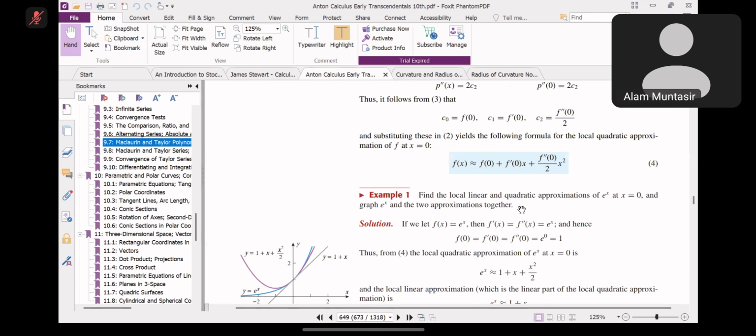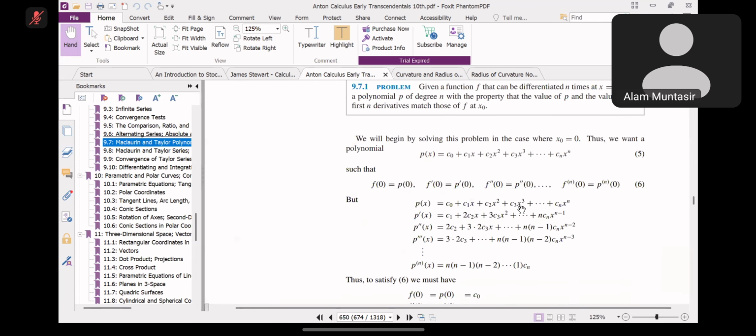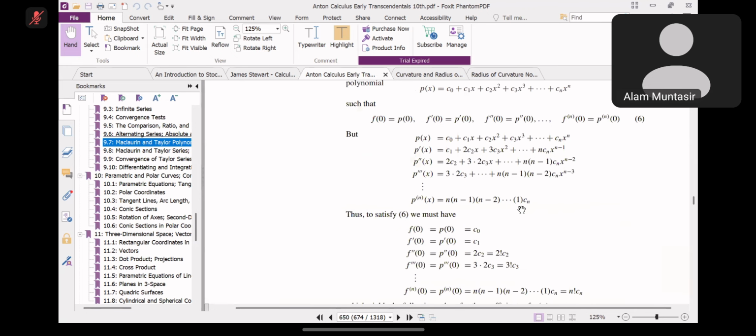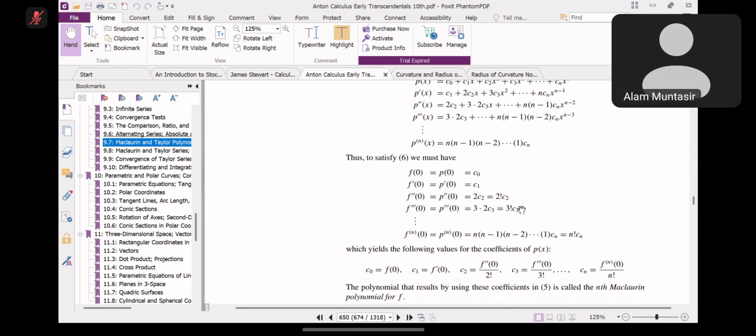So just look at example 1. If we apply Maclaurin's polynomial for this problem, we must calculate the higher order derivatives at 0 and then replace them into the formula that we studied in chapter 9.8.